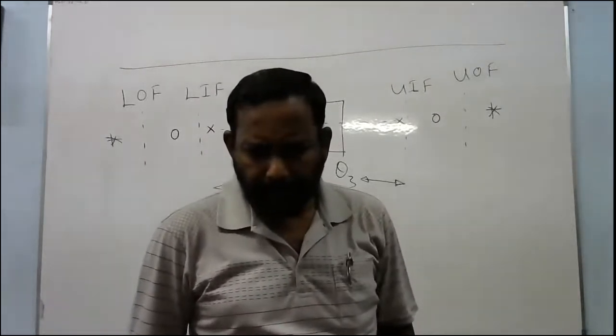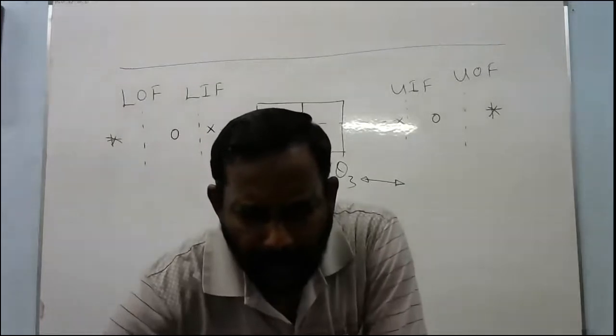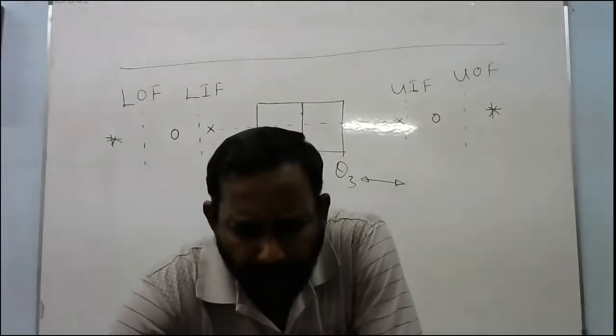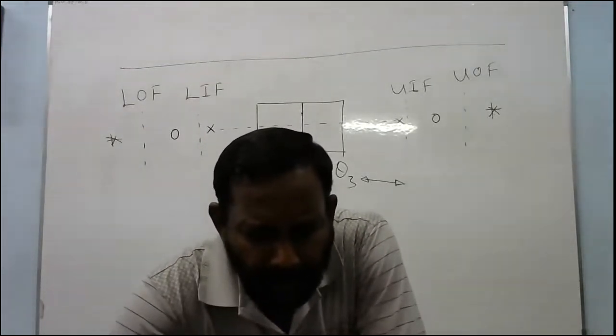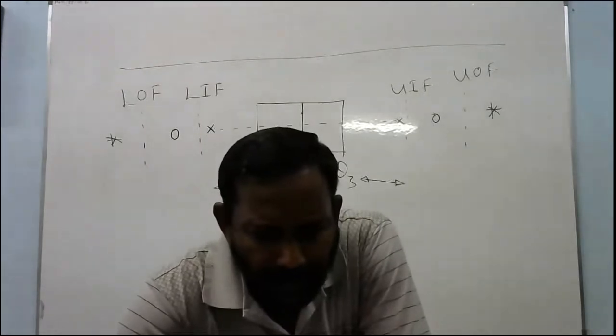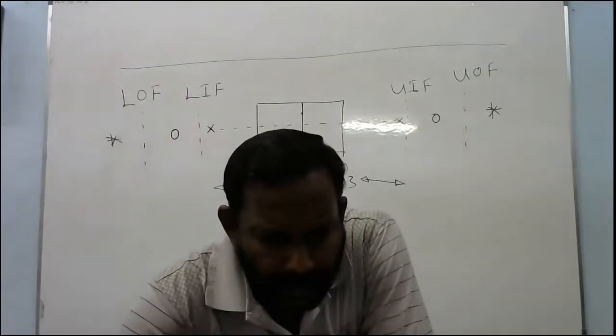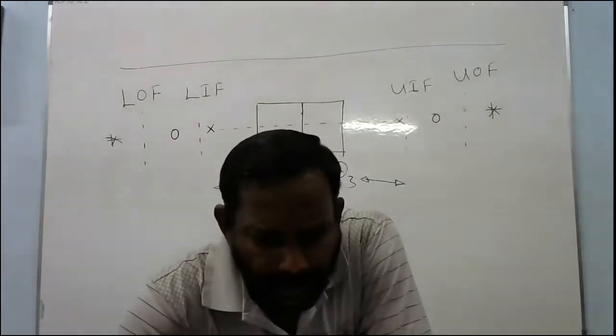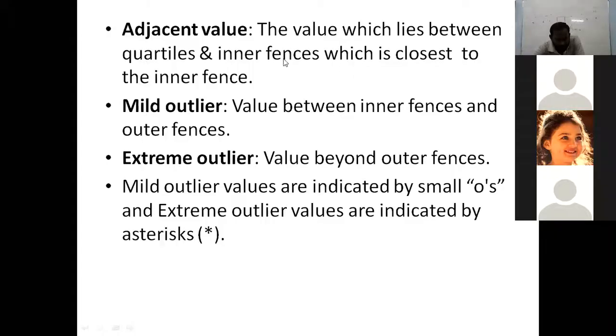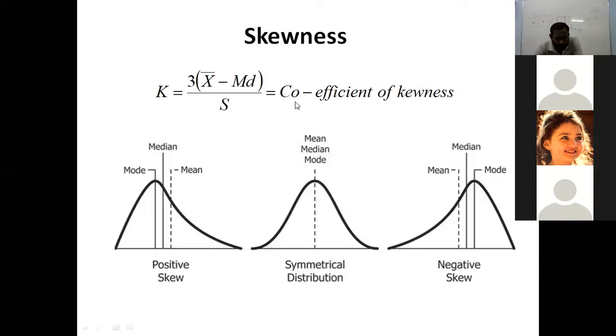The lower adjacent value, let's look at it. What is the adjacent value? By definition, the lower adjacent value has to be in between the left inner fence and the Q1.